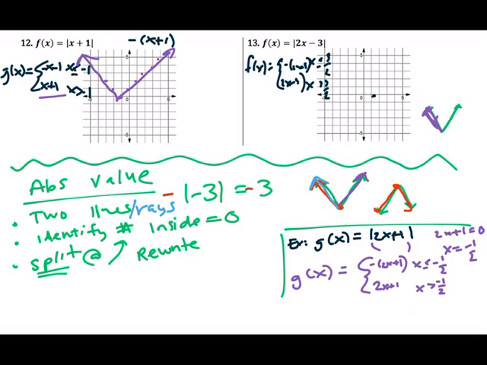And again, our slope is 2. So up 2 over 1 would be about here. Up 2 over 1 would be about here. And we're going to reflect that back the other way. Up 2 over 1. And connect.